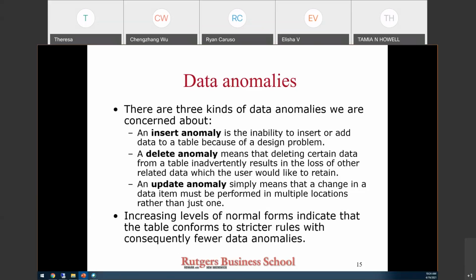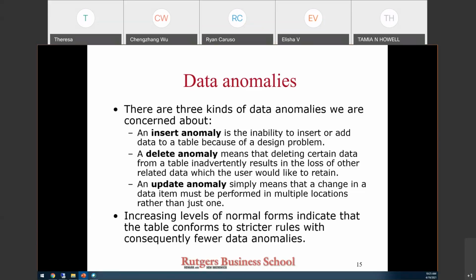So what is data anomaly? Well, there are three types of data anomalies we are concerned about. These three types are insert anomalies, delete anomalies, and update anomalies.